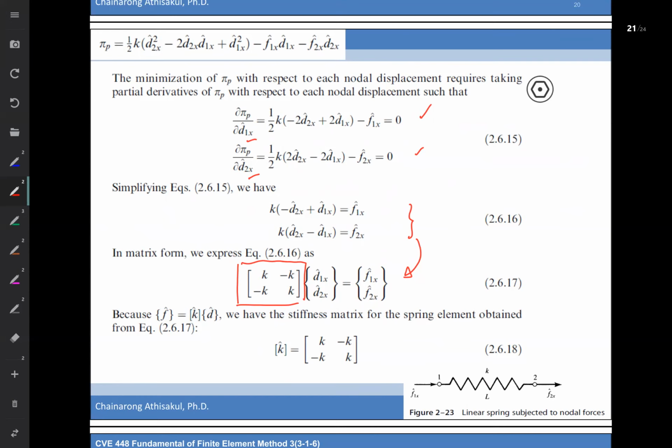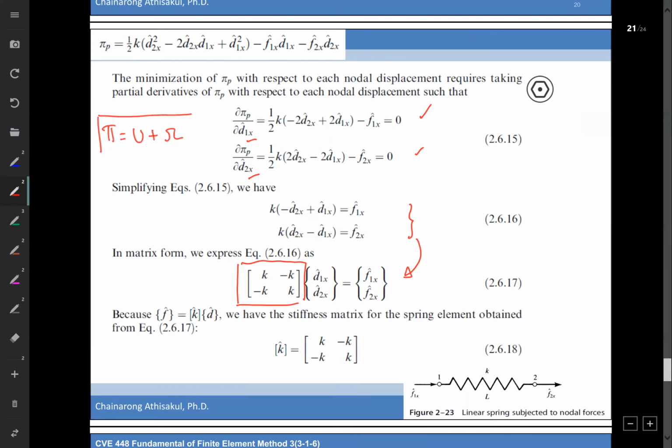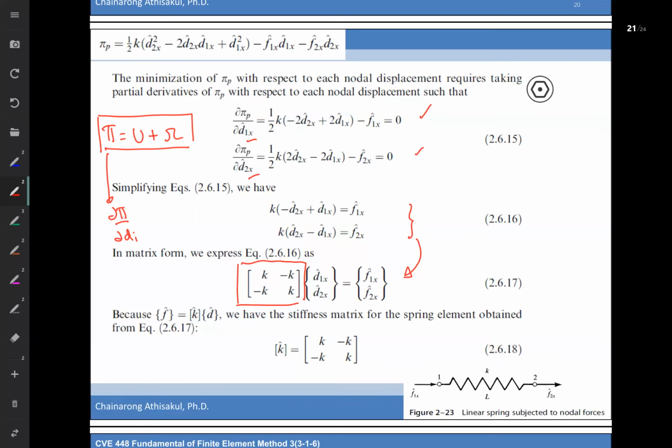So this is just the overview of the energy method that we will talk about again and again. For now, just remember that pi equal to u plus omega is the potential energy, and after that we derive the element stiffness by taking the first derivative of pi with respect to di, for each degree of freedom.